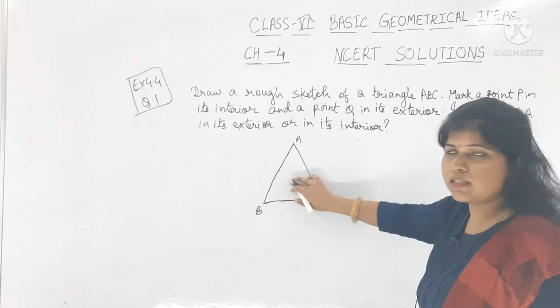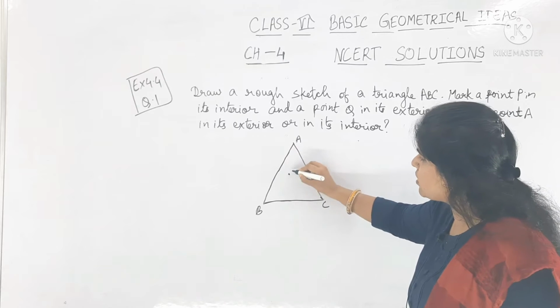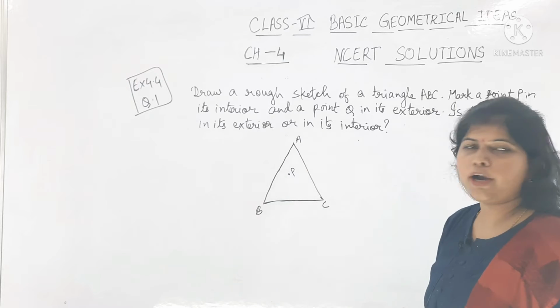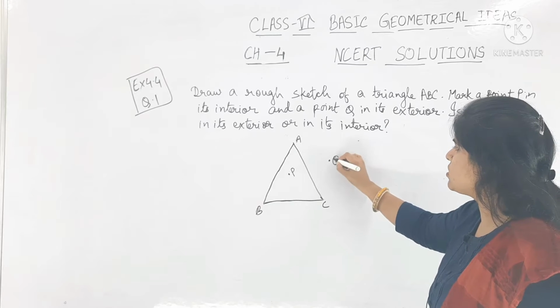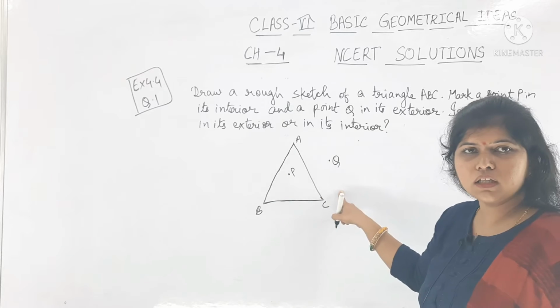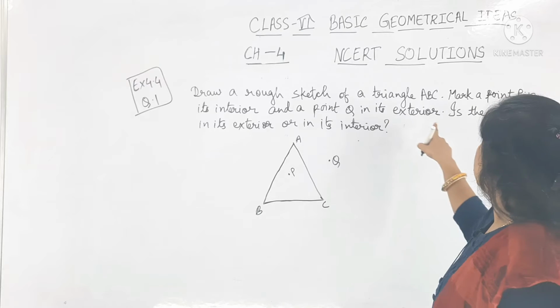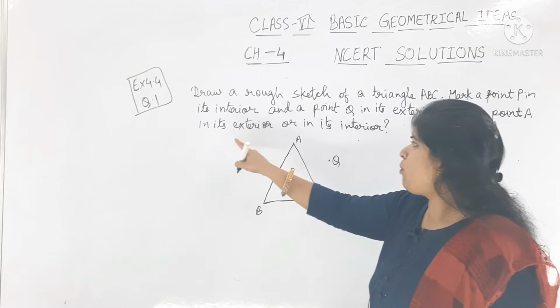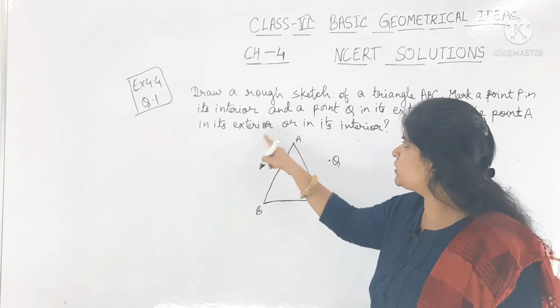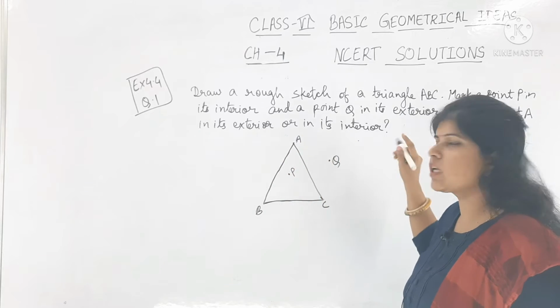So interior is this one, this area, so I am marking point P, and a point Q in its exterior. So this is the exterior point of the triangle, right? What it is asking is whether the point A is in its exterior or in its interior.